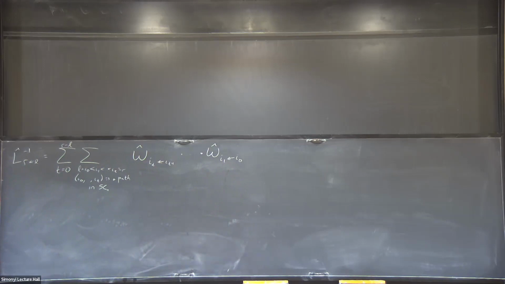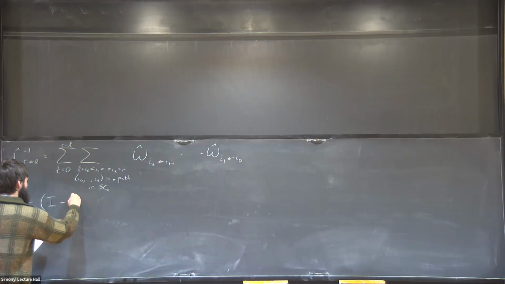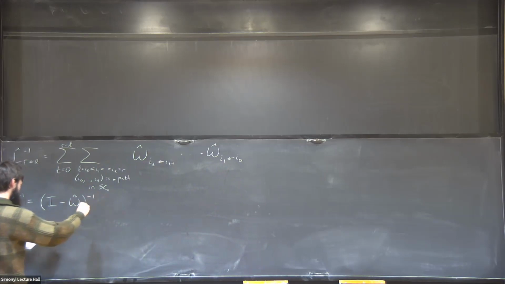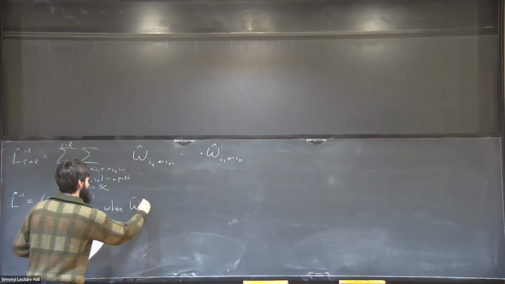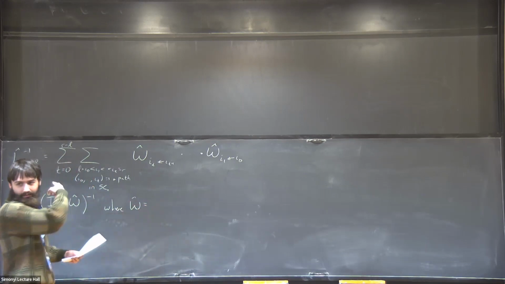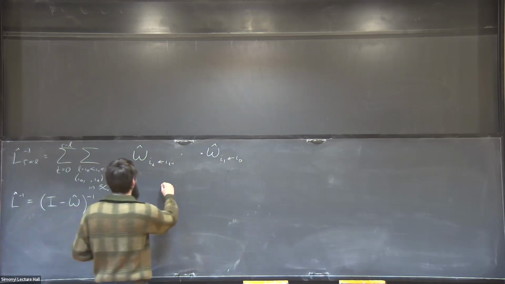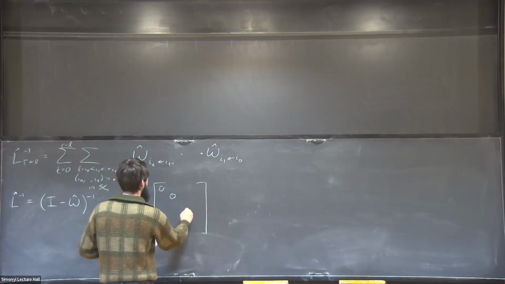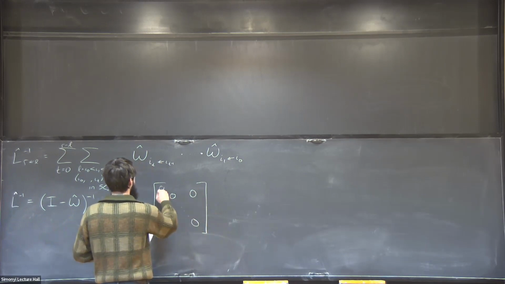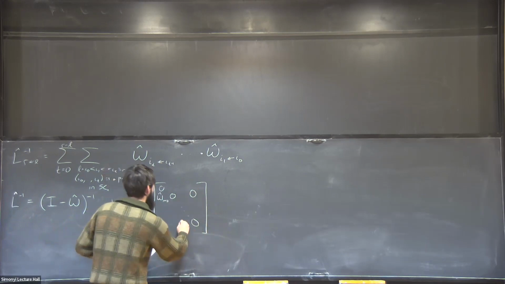And so indeed, L hat inverse is exactly the inverse of I minus W hat, where W hat is the collection of all these W hat matrices that we considered.